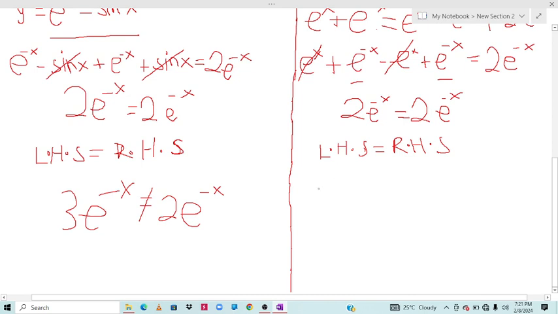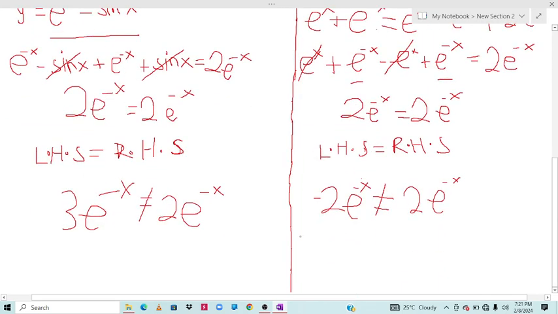Now, what if we had negative 2e^(-x) equal to 2e^(-x)? You can all see that one is negative, one is positive, so they can never be the same. Because they are never the same, we conclude that our equation is not a solution.